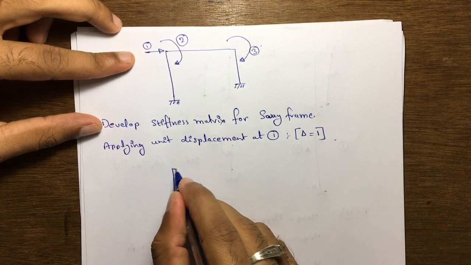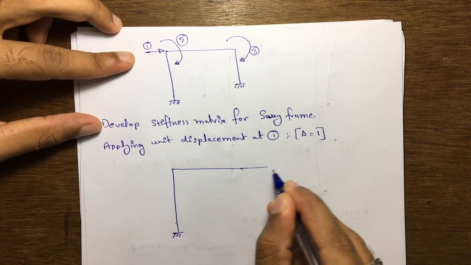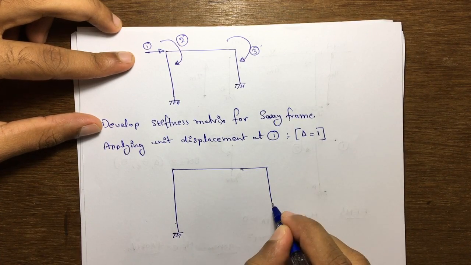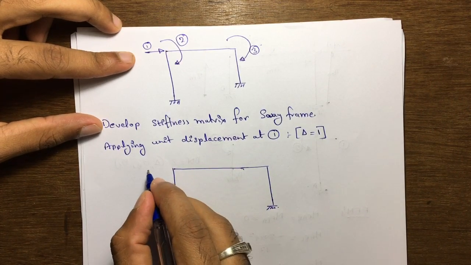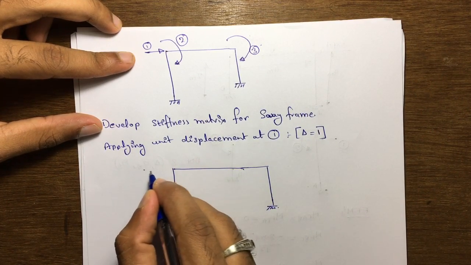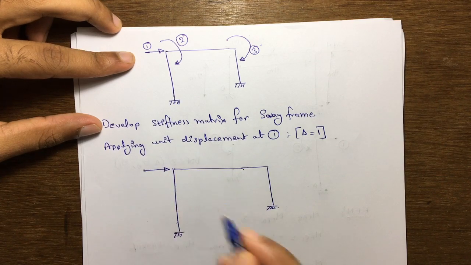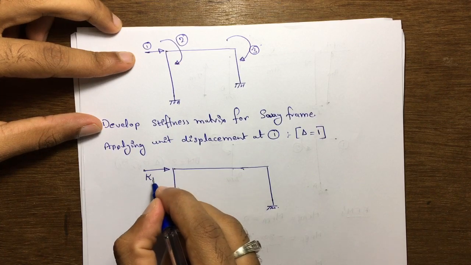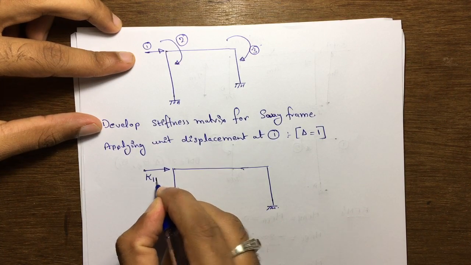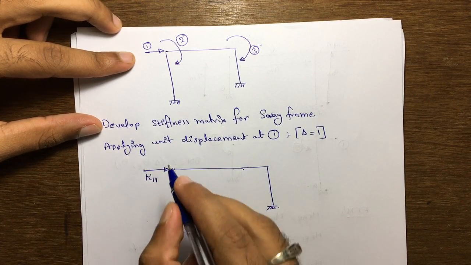So the same frame I will take, this is my frame. I will apply one in the first coordinate, that is K11, the force at 1 due to unit displacement at 1.